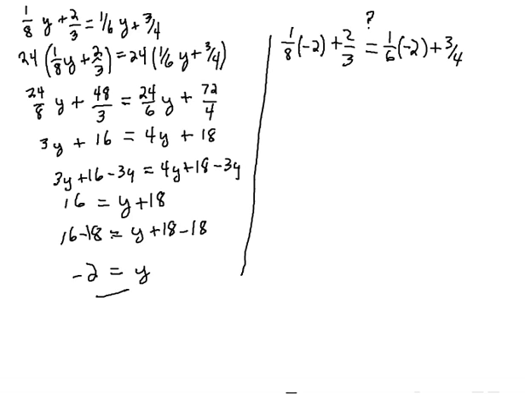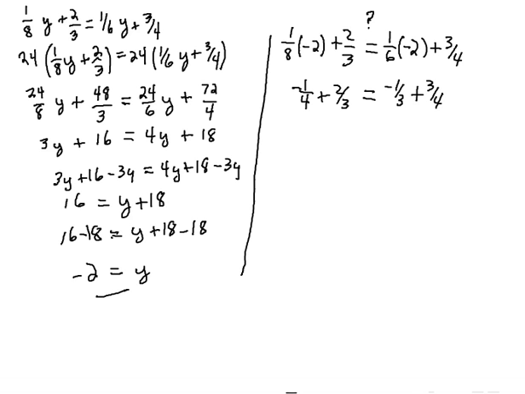So let's see, negative 2 times 1/8, that would be negative 2/8 or negative 1/4, plus 2/3 is supposed to equal, what's that over on that side? That would be negative 2/6, which is negative 1/3, plus 3/4.